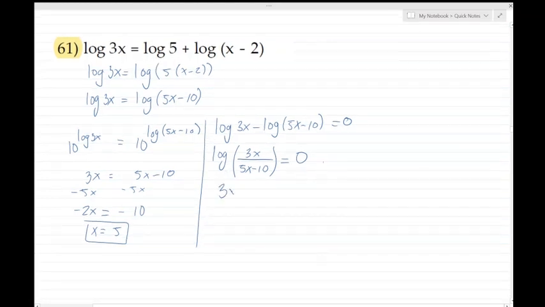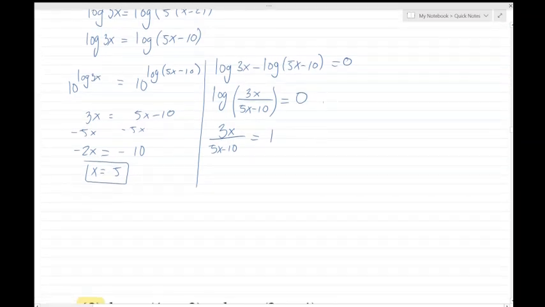So 3x over 5x minus 10 equals 10 to the power 0. Just turn it into an exponential. 10 to the power 0 is just 1. And then now I multiply this to the other side. So I have 3x equals 5x minus 10. And then we work that out, and x equals 5 again.